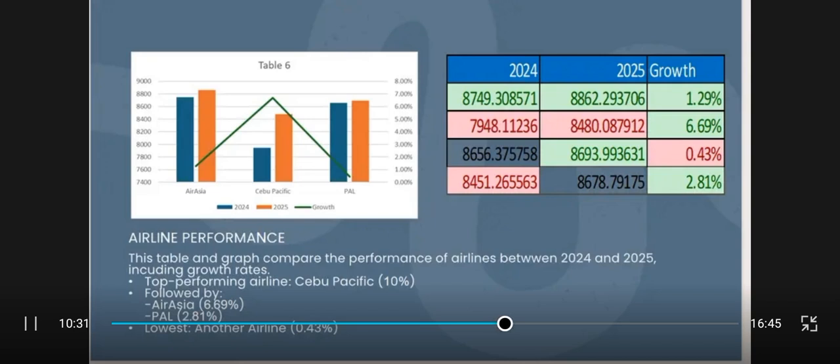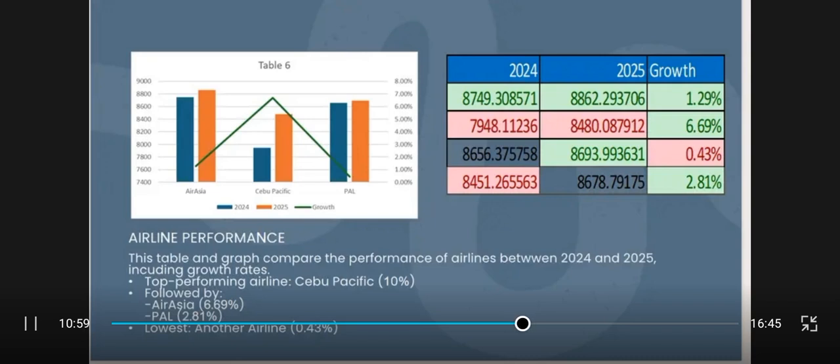So it includes both a visual graph and numerical figures to show how each airline progresses. So the table presents values for each airline for 2024 and 2025 and the percentage growth. So first we have AirAsia.